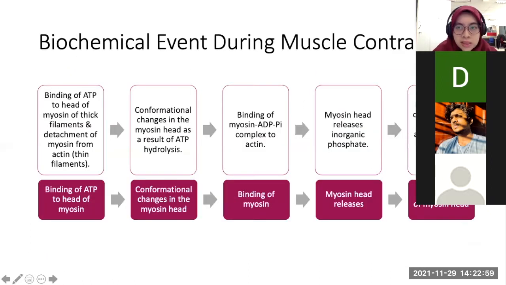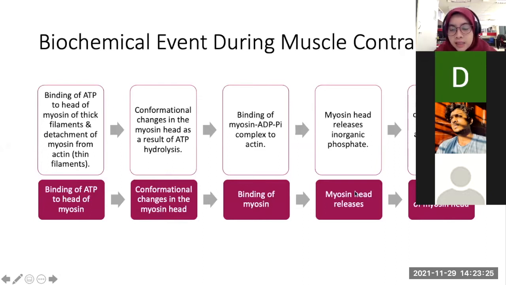These are the biochemical events during muscle contraction. It will start with the binding of ATP to the head of myosin, which means that muscle contraction requires energy. Upon binding of ATP, there will be conformational changes in the myosin head. We will also observe the binding of myosin to the actin filament.